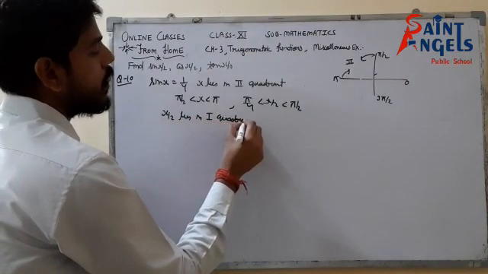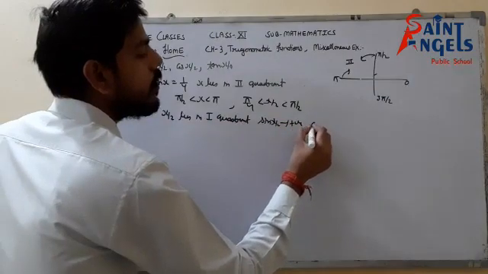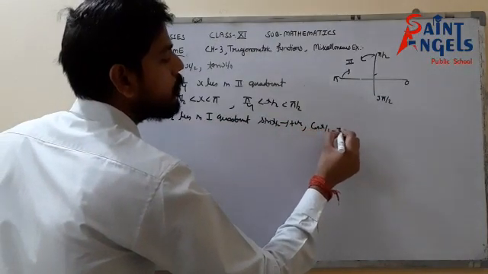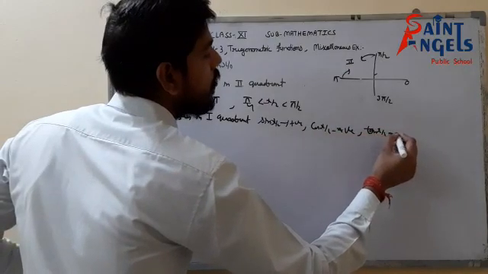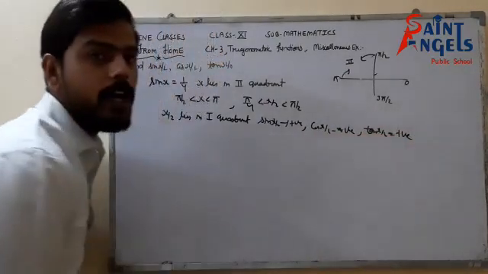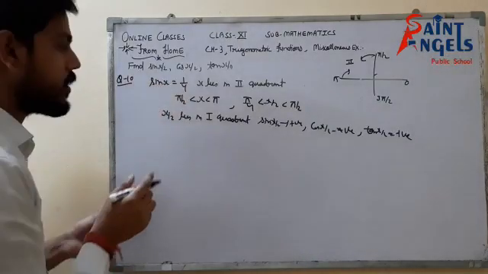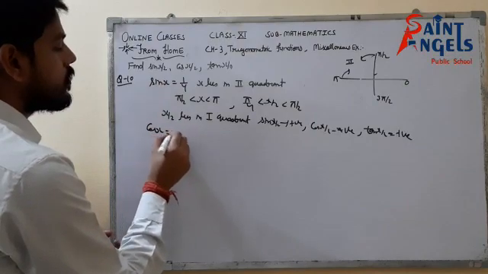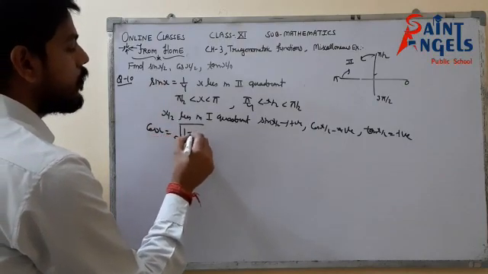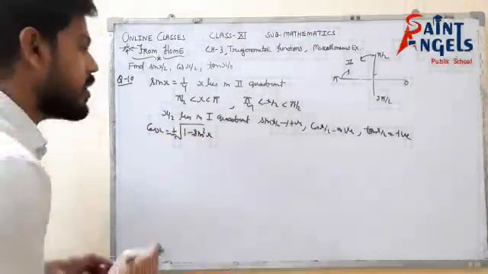And in the first quadrant, sin x by 2 is positive, cos x by 2 is positive, tan x by 2 is positive, all will be positive. Now we are given sin x, so first of all we should find the value of cos x. We know that cos x equals plus minus under root of 1 minus sin square x.